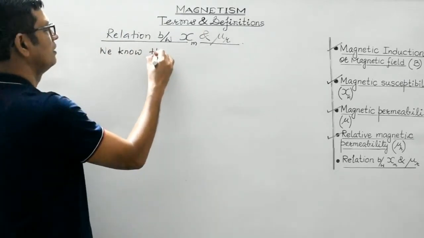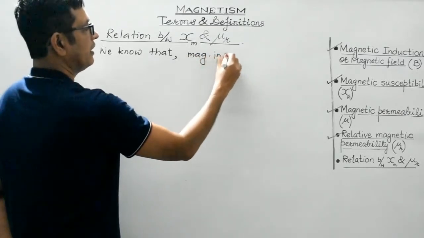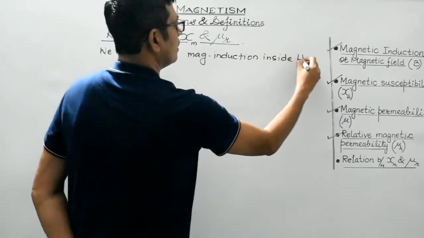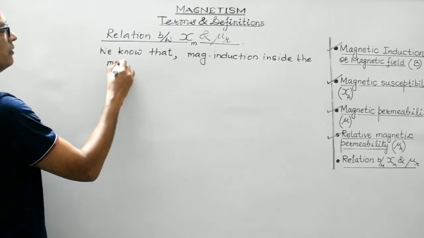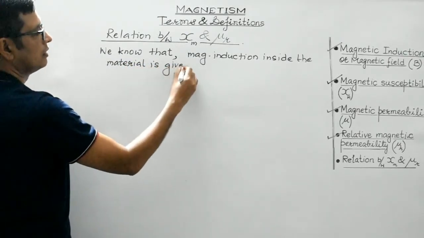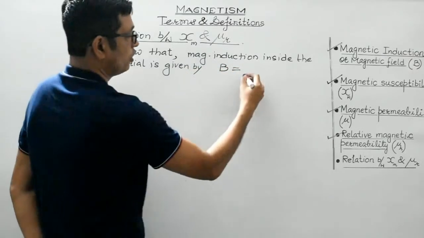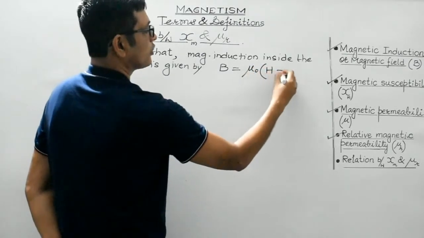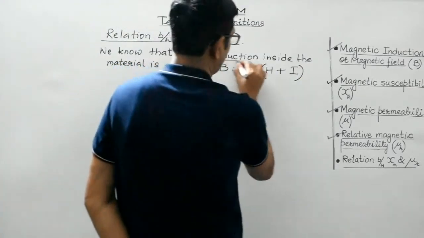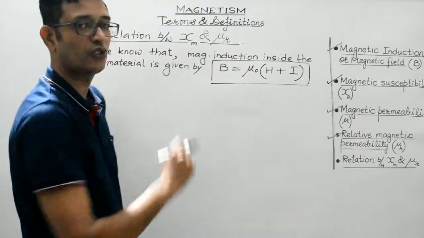So we know that the magnetic induction inside the material is given by, just now we have discussed, B is equal to mu naught into H plus I. You all are aware of this, isn't it? So H is the magnetic intensity, I is the intensity of magnetization. So we have to make use of this formula.